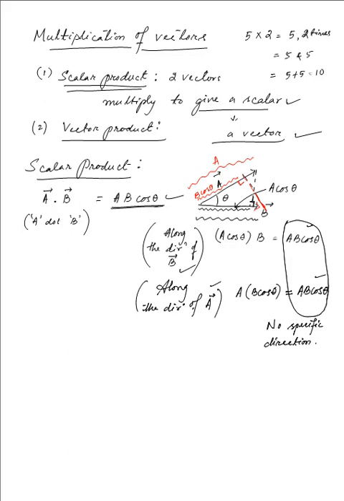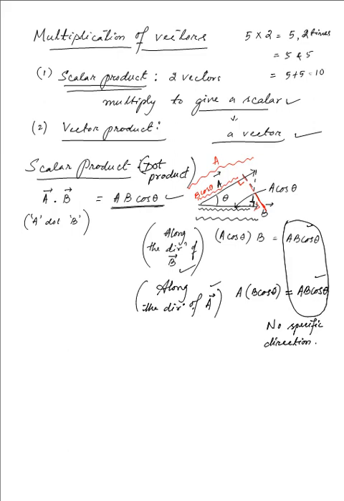And as a result of that, we end up with a scalar quantity which has a magnitude but no specific direction, and because of that only we can say that this is a scalar product of two vectors. Now this dot product is also popularly called the dot product, that I'm just writing over there in brackets at the top.